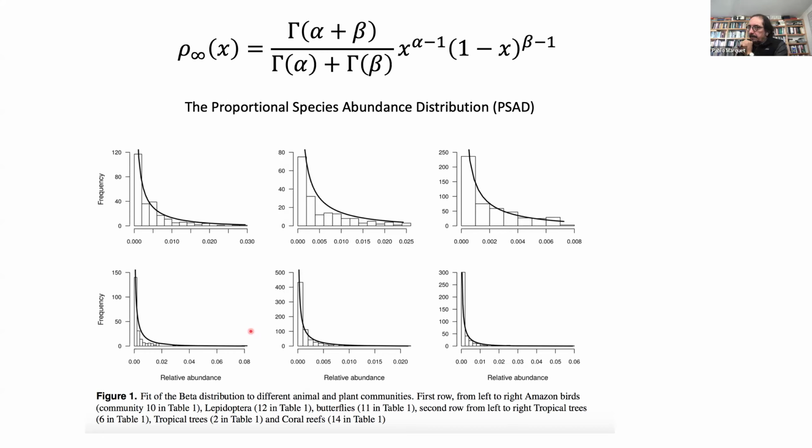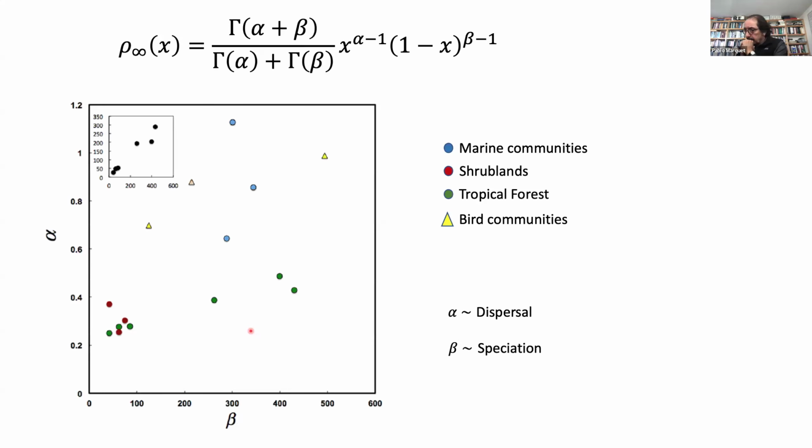So everything was very nice, and the really cool thing was that the alpha and beta parameters here do have a particular way of arranging themselves and do have meaning.